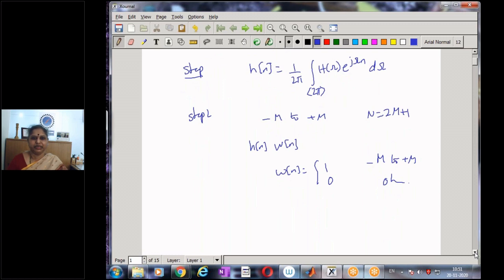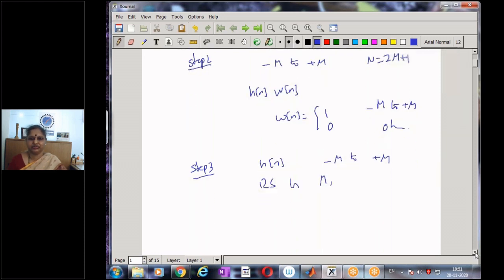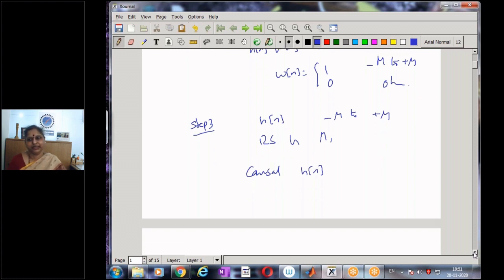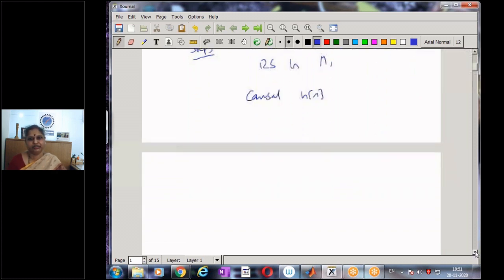After multiplying, we have a finite length impulse response, which exists from minus M to plus M, and we give it a right shift by M to make it a causal system. So this was the design procedure, and then we have the causal impulse response h of n. These are the steps involved in designing an FIR filter using the rectangular window function.